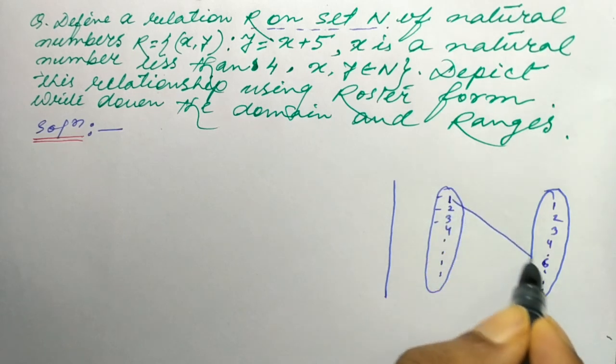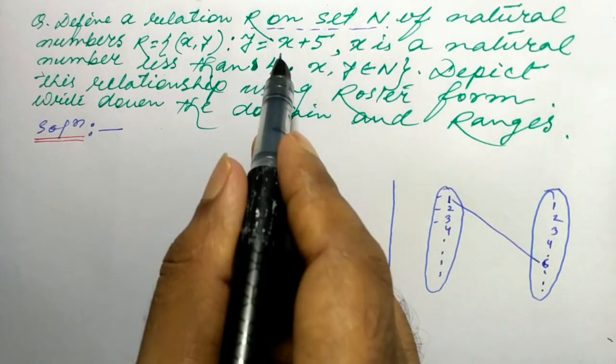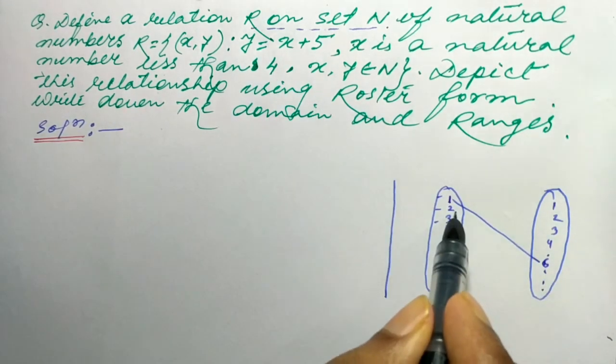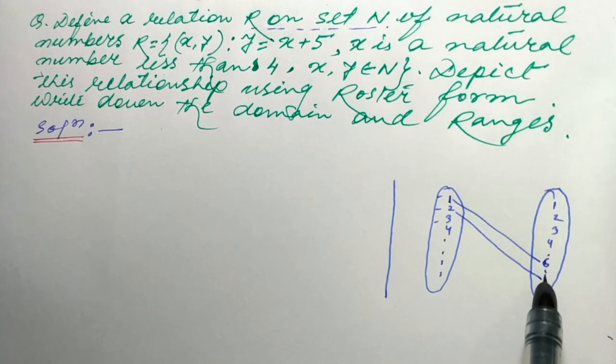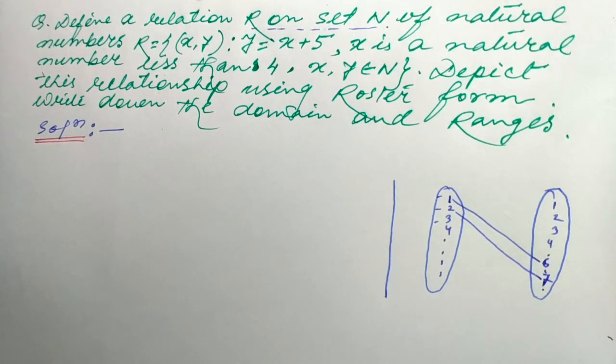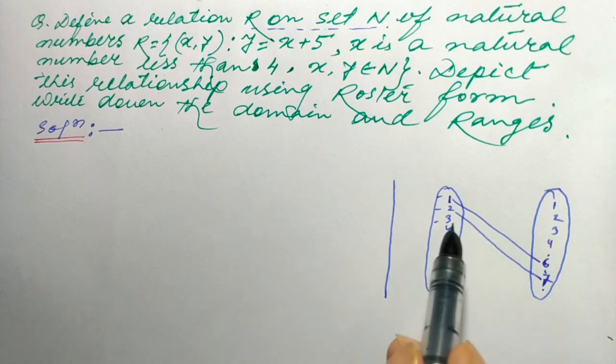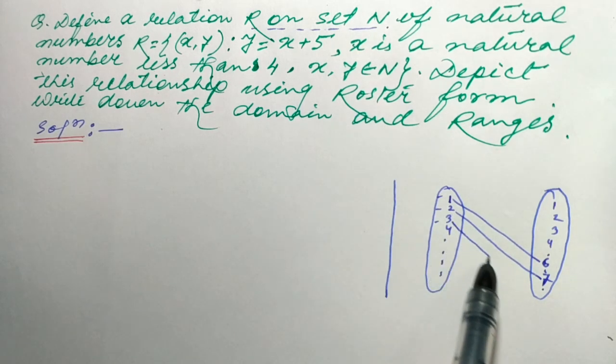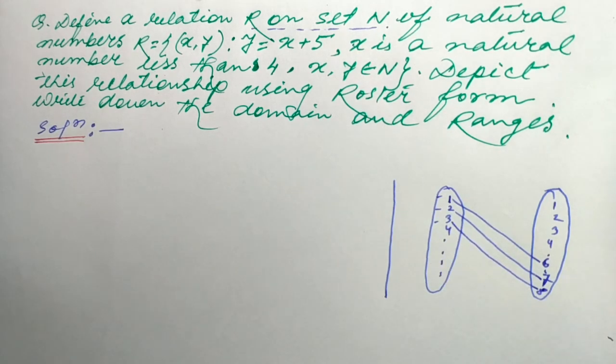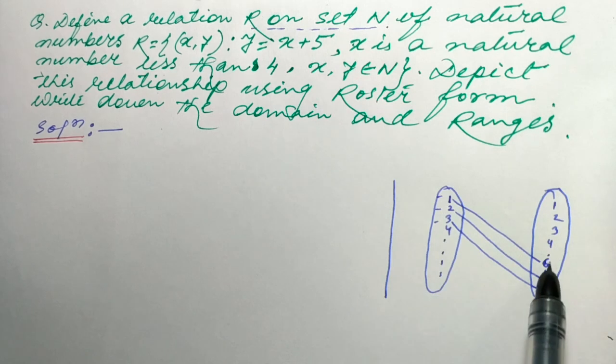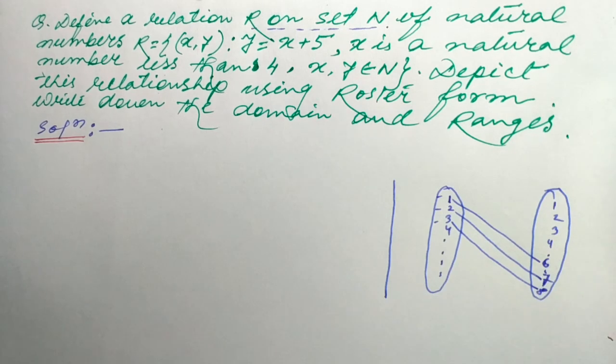If x equal to 2, then y becomes 7, and if x equal to 3, then y becomes 8. So our possible inputs are 1, 2 and 3, and possible outputs are 6, 7 and 8.